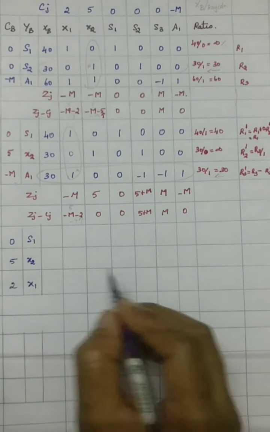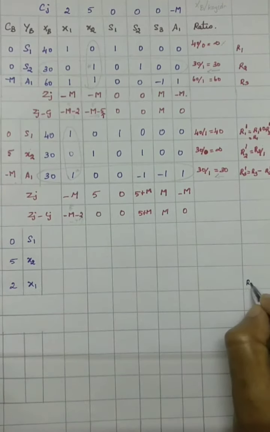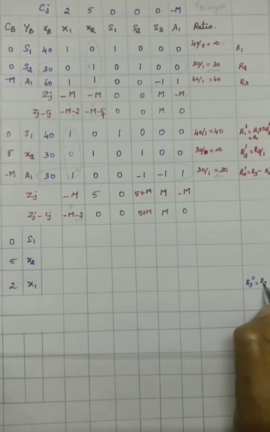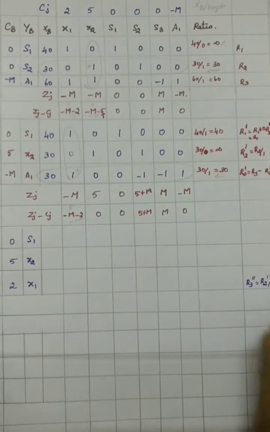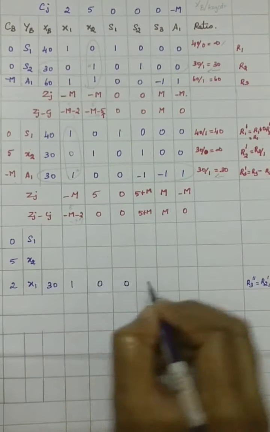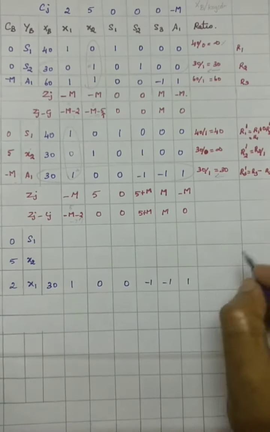The next you have to write, this is your intersection point. So first you have to write R3 dash, that is R3 double dash. R3 double dash you have to write using R2 dash. Here 1, so no problem, divided by 1. So the row will be as it is: 30, 1, 0, 0, minus 1, minus 1, 1. The next you have to come with the previous step.